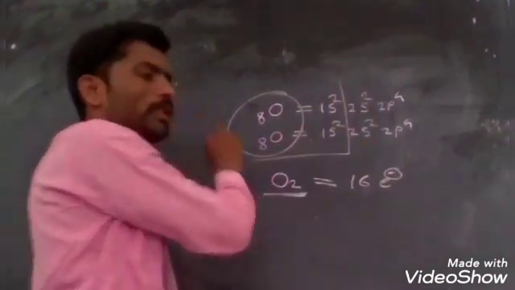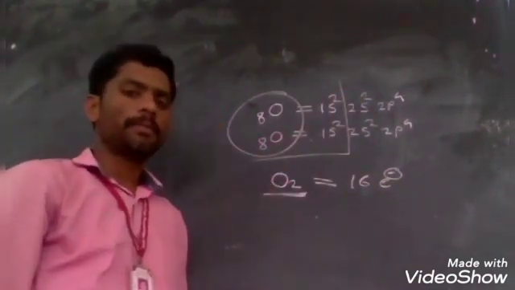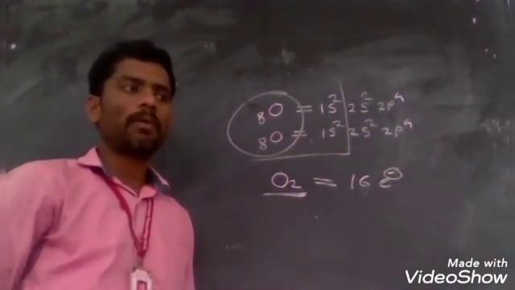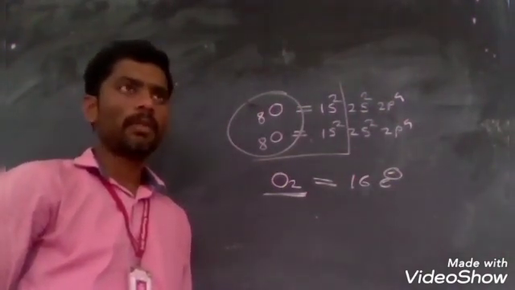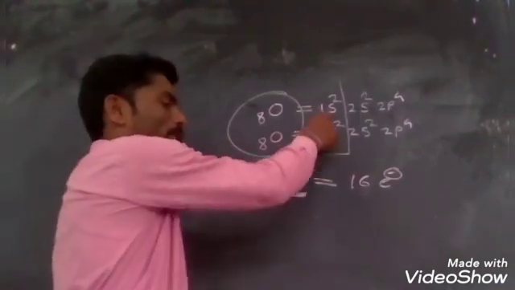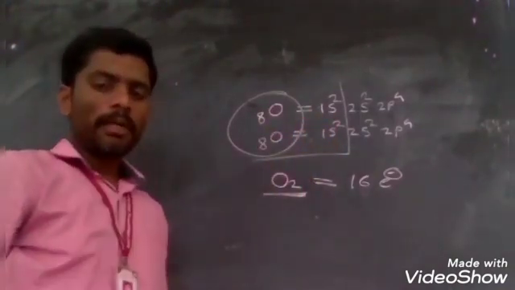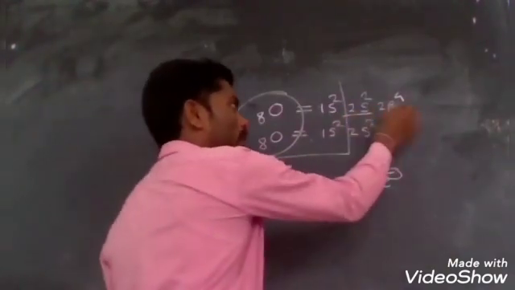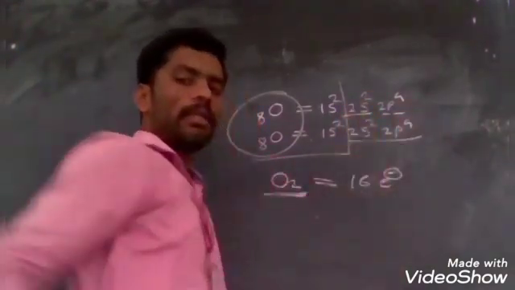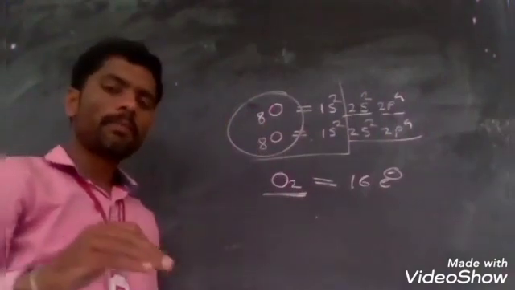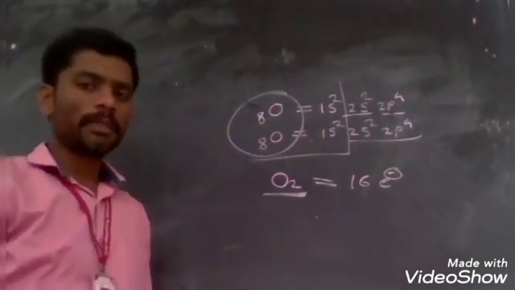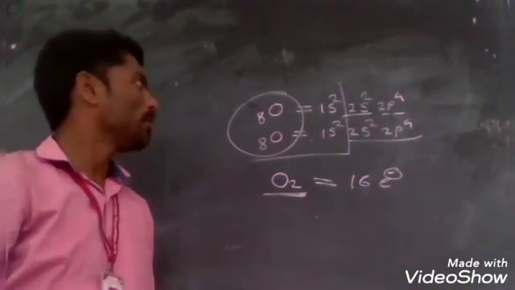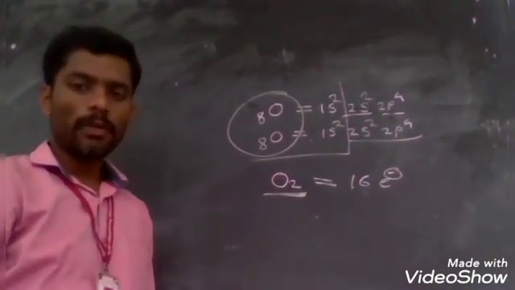But this 1s2 is a lower energy orbit. That's why it does not take part in chemical bond formation. Only the 2s and 2p atomic orbitals of each oxygen atom combine, overlap, and then there is formation of the oxygen molecule.